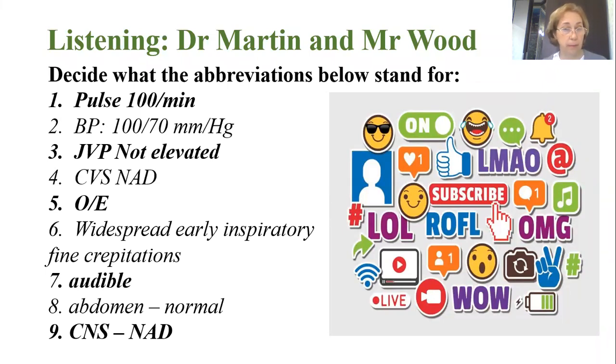CVS, NAD. So CVS NAD, I guess this is a part of the body. It stands for the name of some system. The cardiovascular system. Exactly.